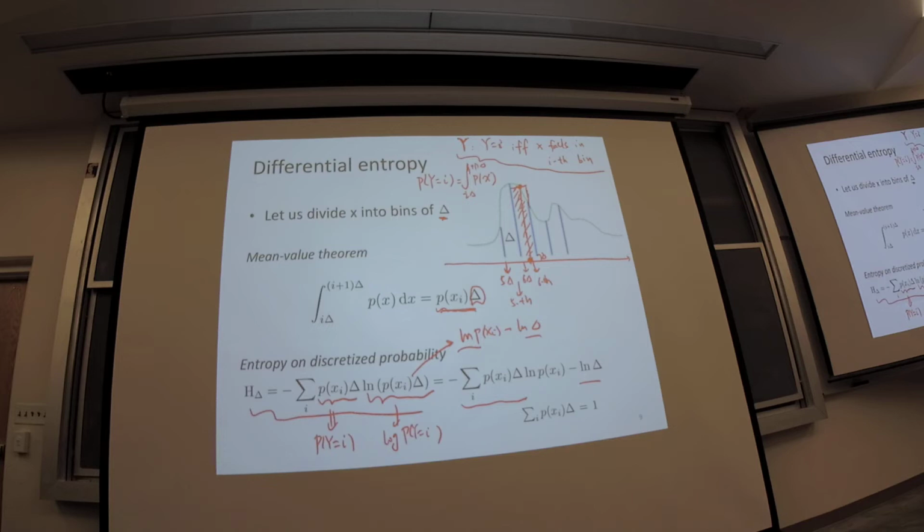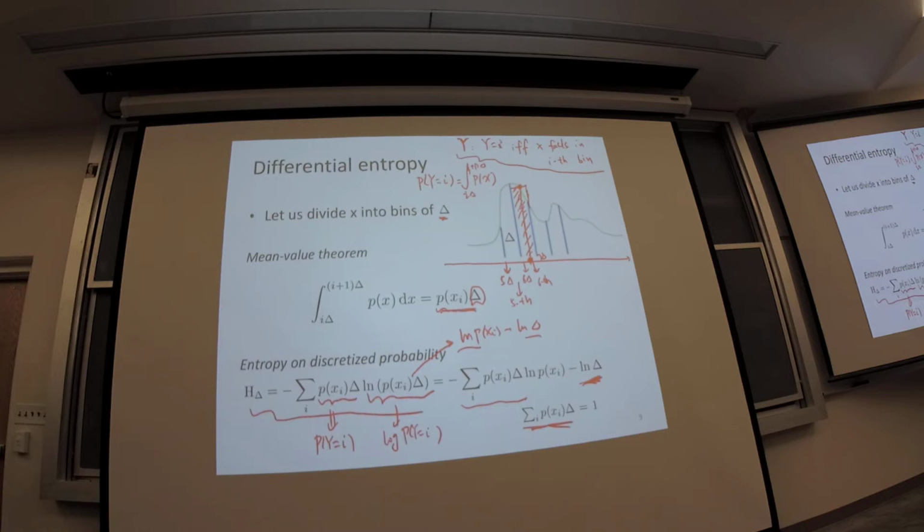Is it clear to everybody? Everyone is comfortable here, right? And as to why this remains log delta, you can say it's because the summation over i of p(x_i) delta is just 1.